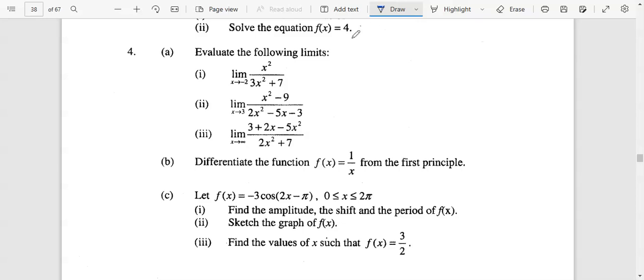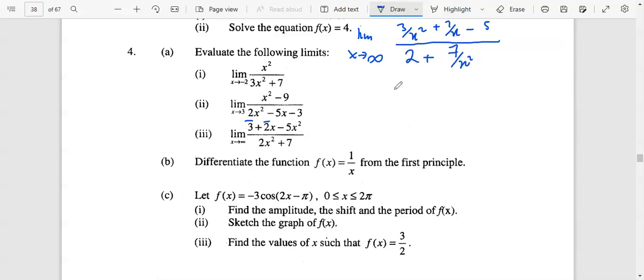Now just to show the working, divide everything by the highest power, which is x squared. So we're going to have the limit as x approaches infinity. So 3 divided by x squared, and then you have 2x divided by x squared, which is 2 over x. You have 5x squared divided by x squared, that will just be 5, then over 2x squared divided by x squared, that will just be 2. 7 over x squared.